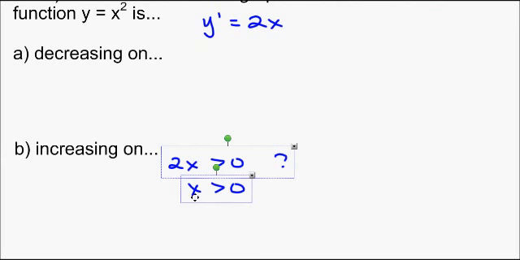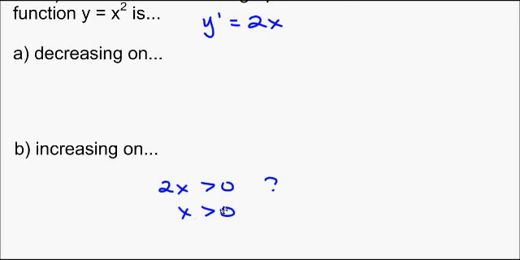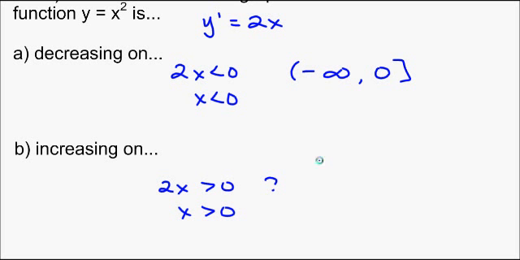That's part B. So it's increasing when x is greater than 0. And it's decreasing, if I divide both sides by 2 here, when x is less than 0. And we could write this with interval notation. So decreasing from negative infinity to 0, and increasing from 0 to infinity.